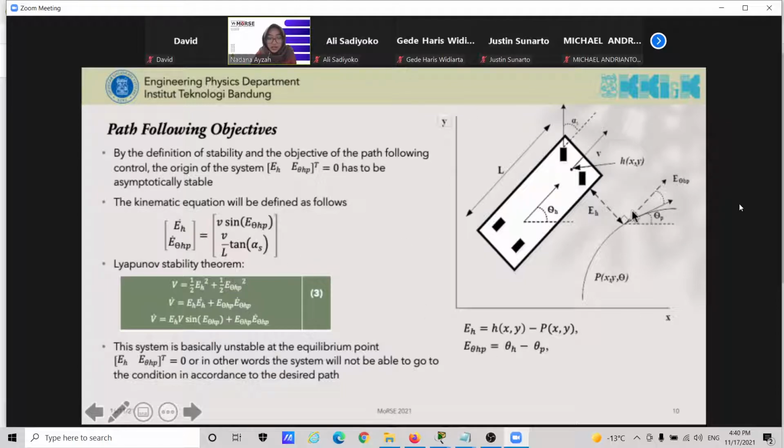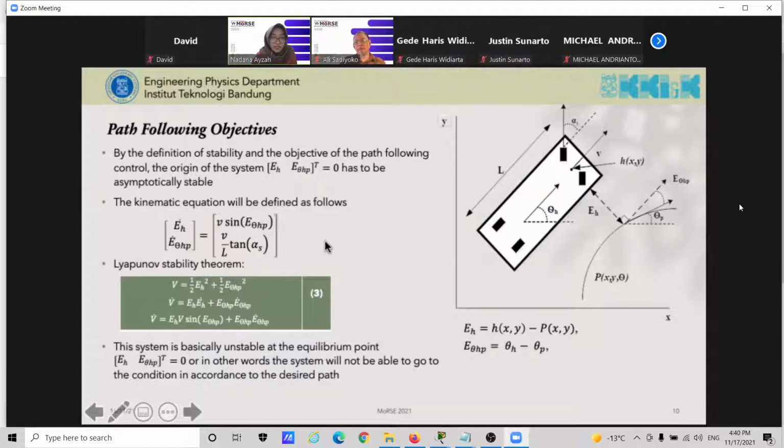On the right side of your screen, this is the model of the bus, and this is the path P with a certain position and orientation. We also introduce the error of position, which is the deviation between the reference point of the bus and the path, and the error of orientation, which is the deviation between the orientation of the bus and the tangent of the path curve.